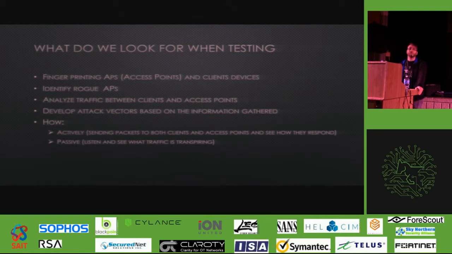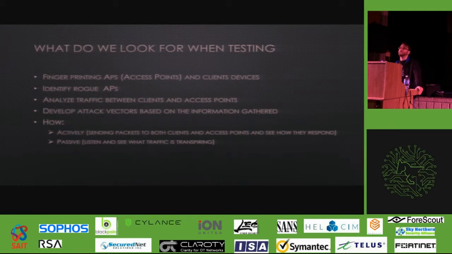These are usually maliciously or inadvertently spun up access points that can allow unauthorized access or may not meet the company's policy standards for security. We also analyze the traffic between the access points and clients, looking for any misconfigurations, weak encryption, or anything that can be exploited. Once we have this information, we can then delve into developing attack vectors to be used.